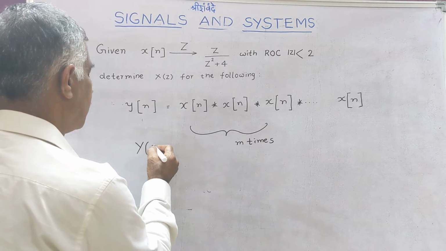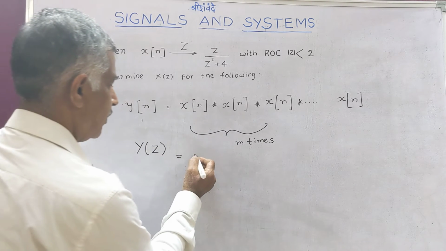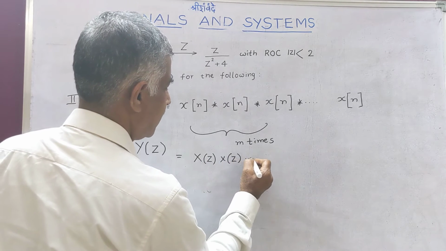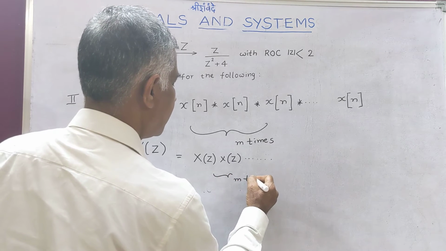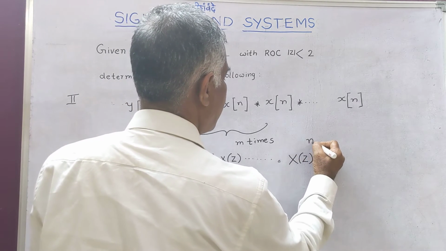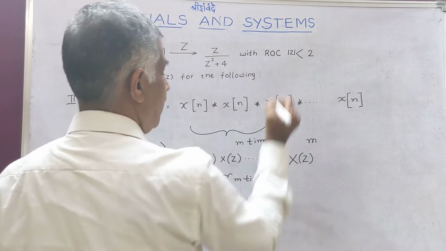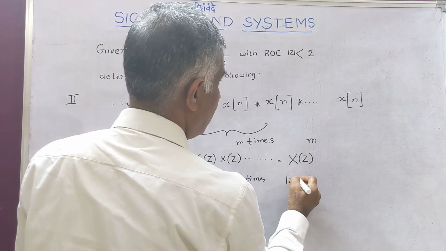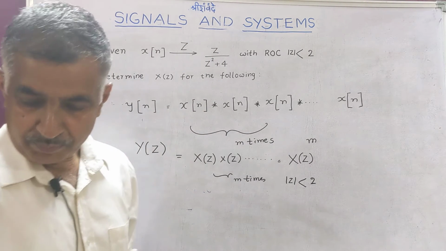Then y of z equals m times x of z into x of z, that is x of z to the power of m. ROC, no change. For each and every term it is mod z less than 2. Therefore, ROC mod z less than 2. Next problem.